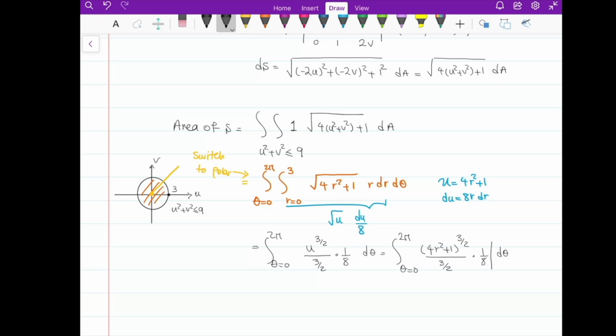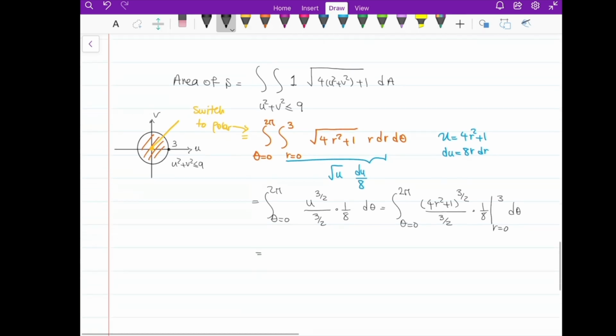Okay, and don't forget that r should be from 0 to 3, d theta.